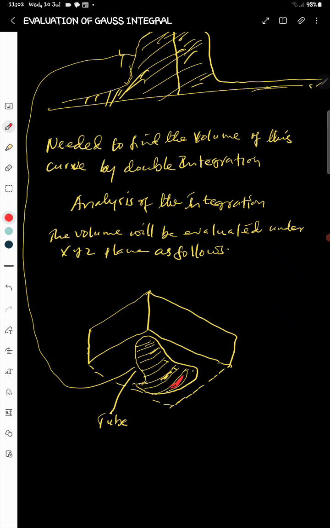Suppose here we take one element here, and we draw it aside, like that, having a radius r, and here it is dr, a small element here.